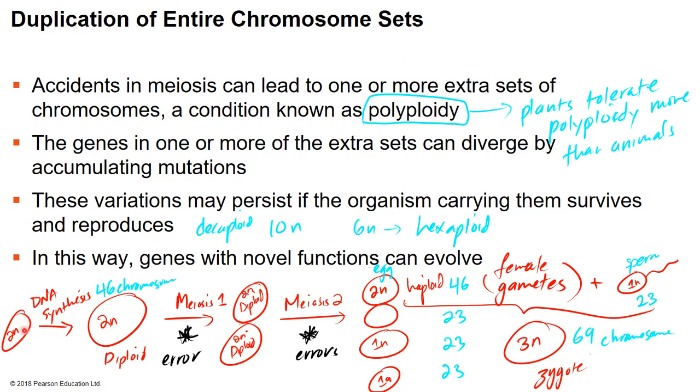So here we have, let's say, a chromosome, and here we will have a duplicated chromosome after DNA synthesis, after the S phase of the interphase stage. Okay, so here we have 2 sister chromatids, and then these sister chromatids will be separated during meiosis 2, for example.